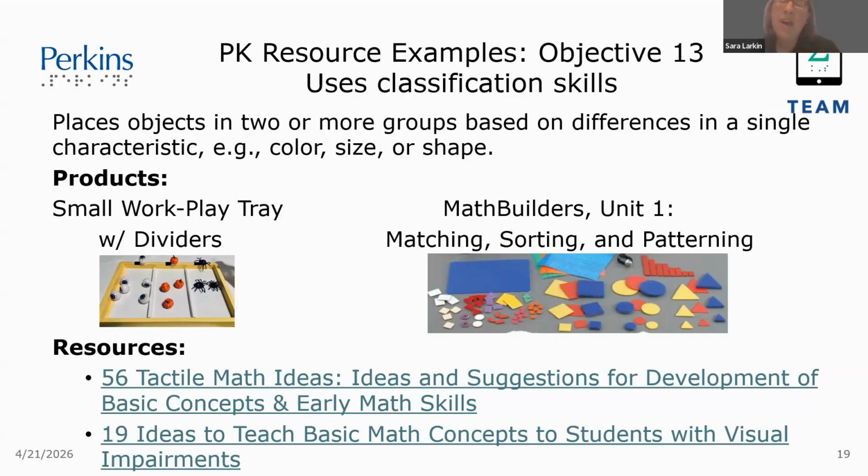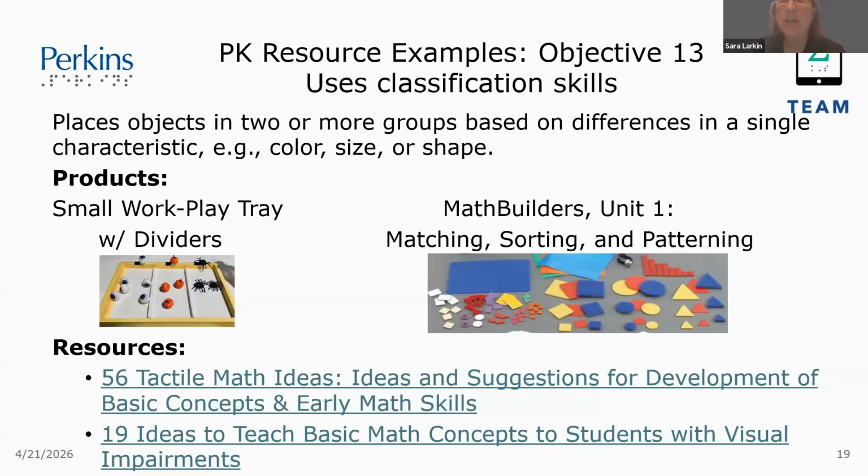And then we have the math builders, and we know that the math builders kits have been discontinued. Some of the math builders kits are still available to people in their local area, so we left them in there. And for some of the kits, pieces, parts of the kit are still available. So we wanted to be sure to still include those for the people that might be able to use them. That also has attribute blocks.